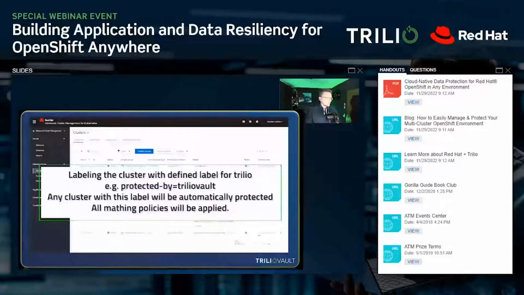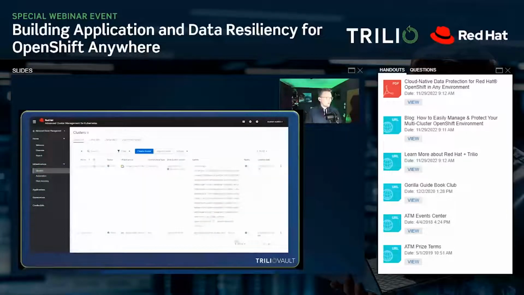What does that mean? Every cluster with that label will be treated with a certain policy we have defined on the ACM cluster. So we're leveraging the ACM functionalities to do certain jobs based on a rule set, based on a policy, when a certain label is identified on that cluster.